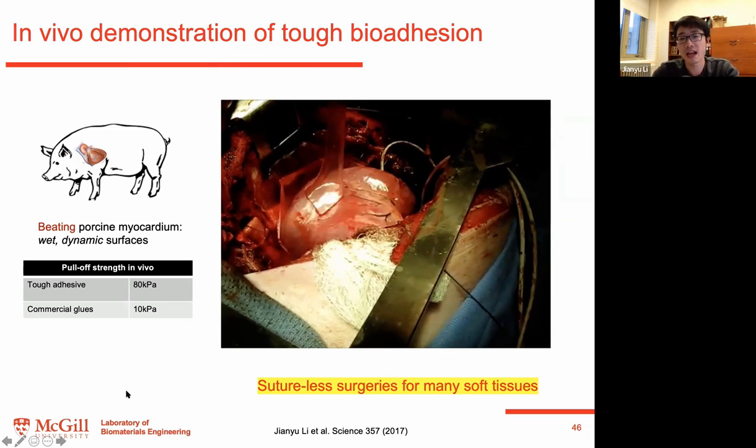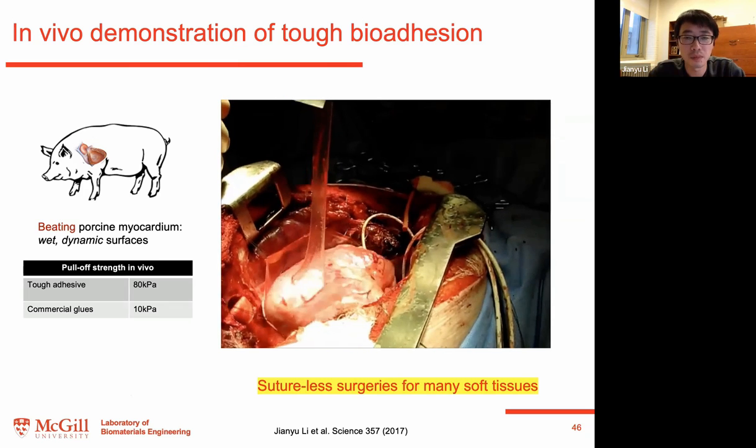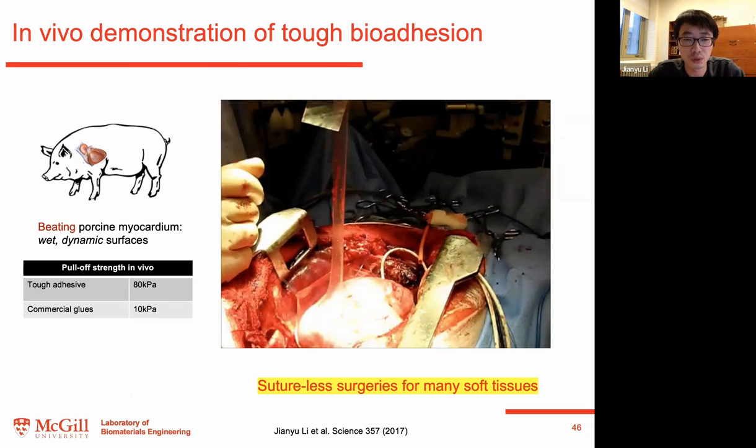Okay, so that highlights a future where we can maybe replace some of the suture used for soft tissue.